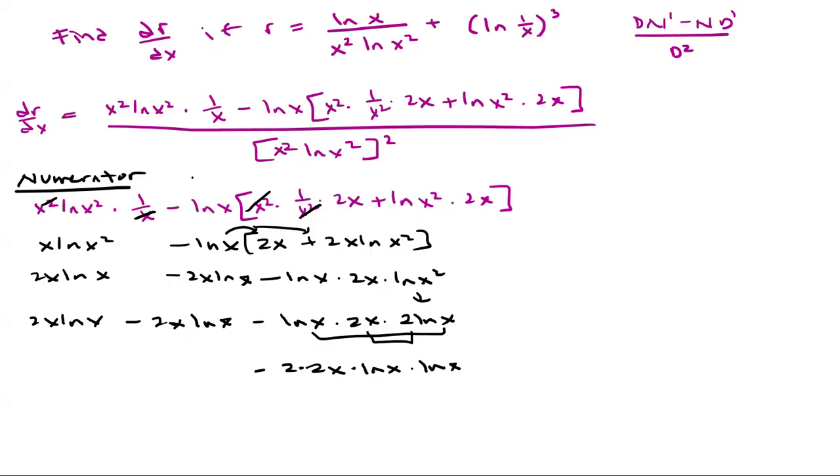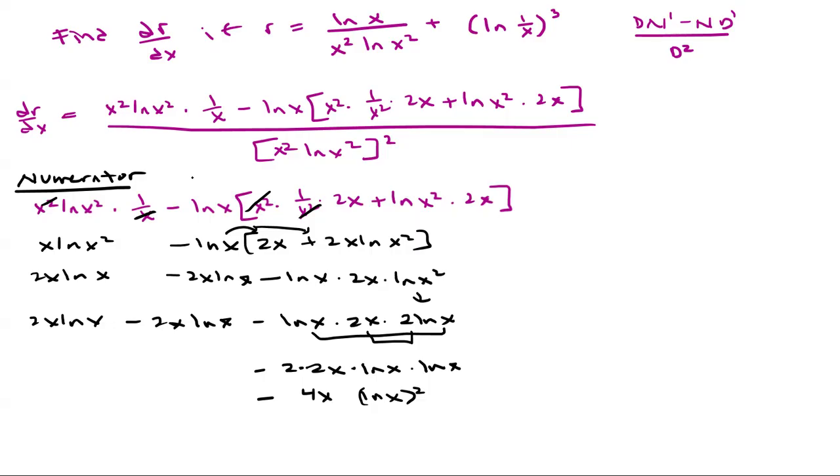So this is going to give me a minus 4x. And then these, that's going to give me 2 of those. So this is going to be ln of x raised to the second power. Okay, so that's different from ln of x squared. This represents that I have 2 of the ln of x.